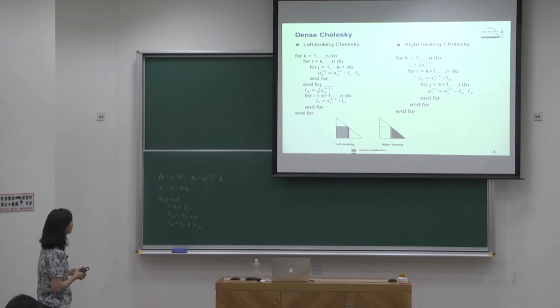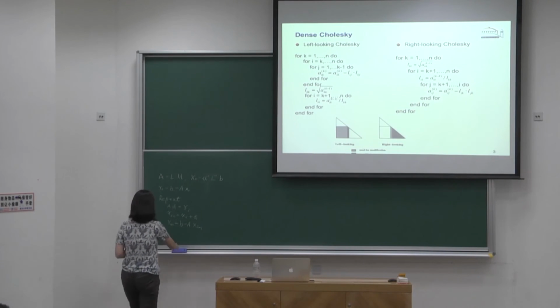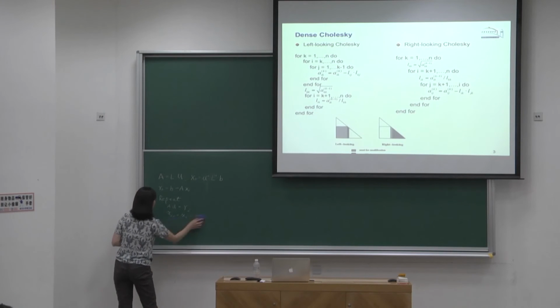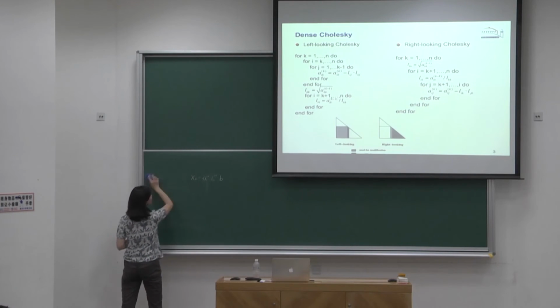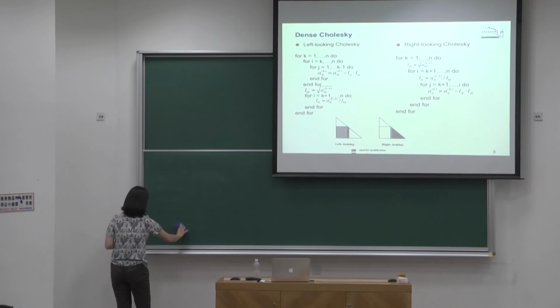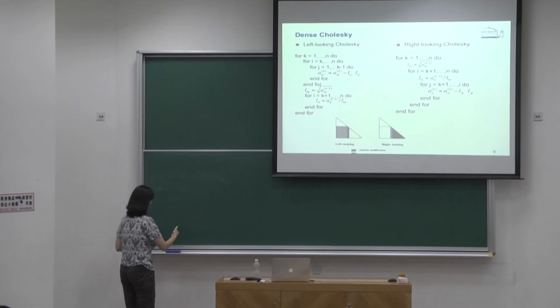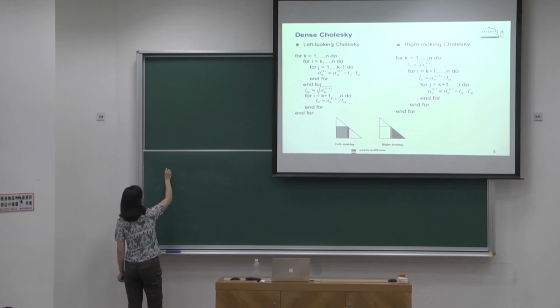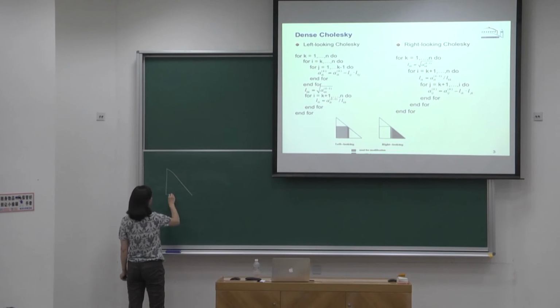So those are two different ways. And that's the pseudocode basically. The symmetric case is a little bit harder to think about because you don't have the other part of the matrix. So what happens is, suppose you are at the kth column here.